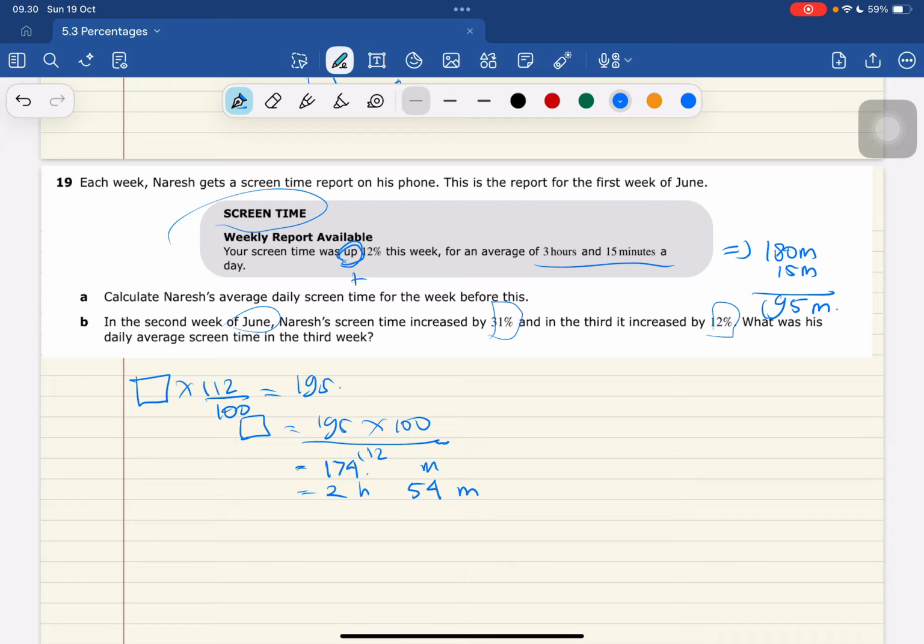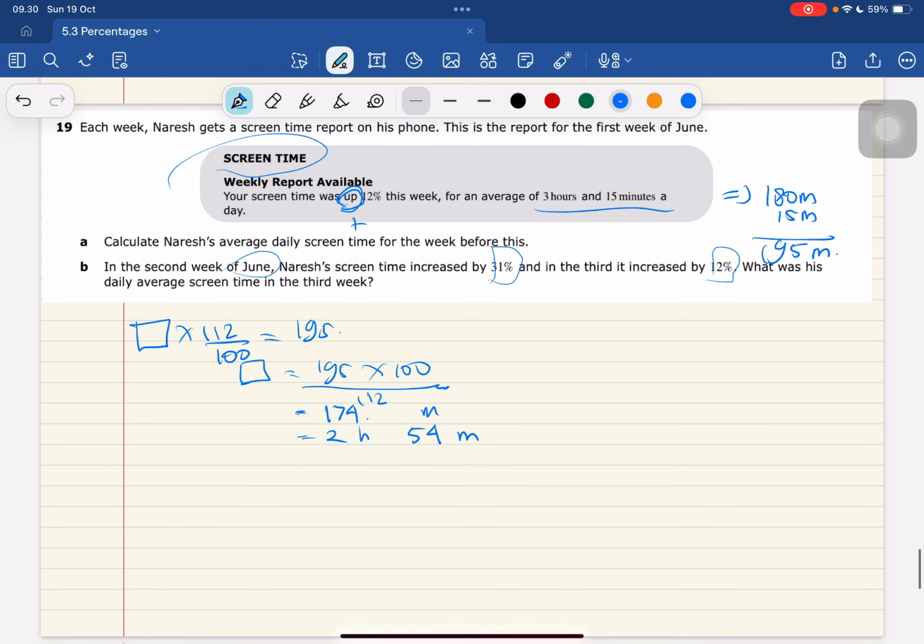So screen time increased by 31 and then the third increased by 12. So we can make it 100% plus 31% plus 12%.